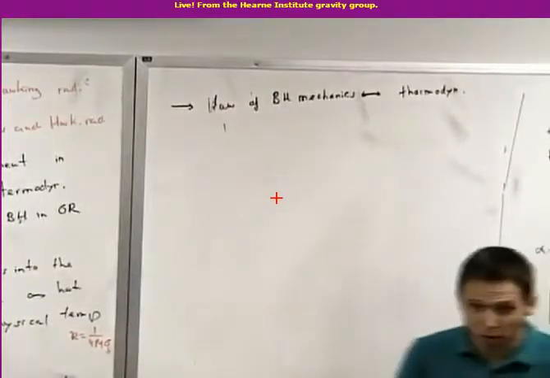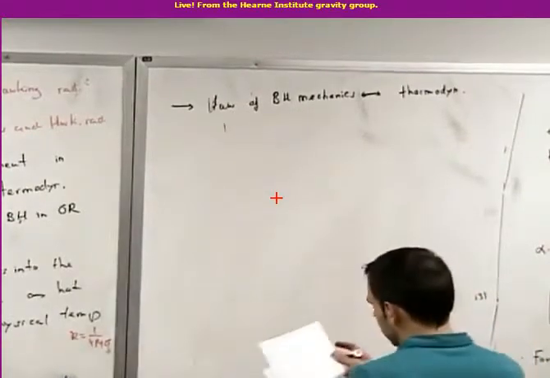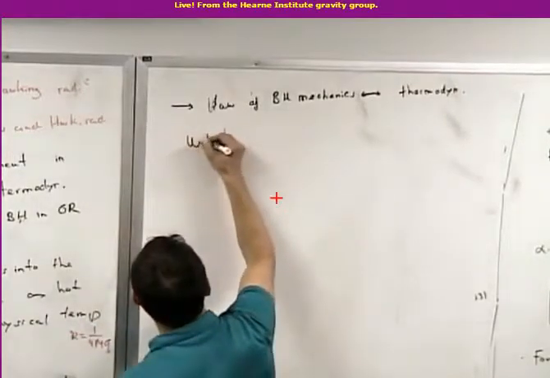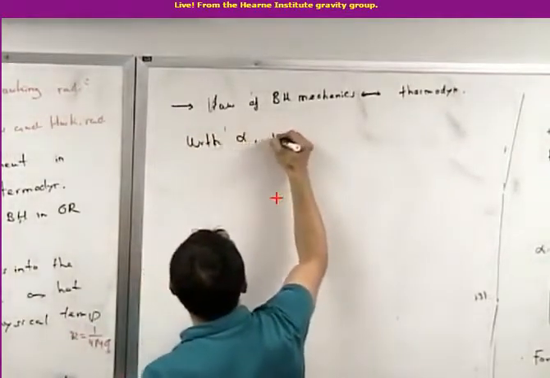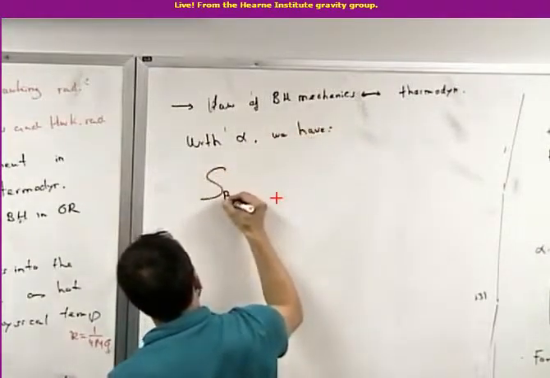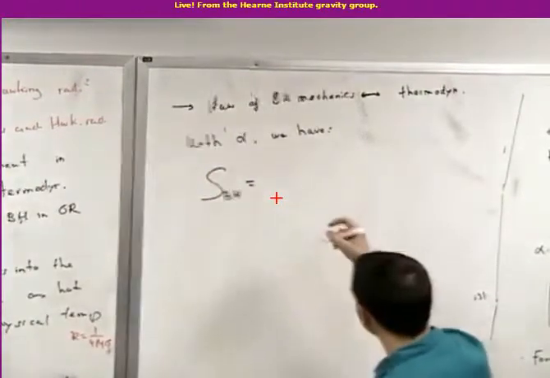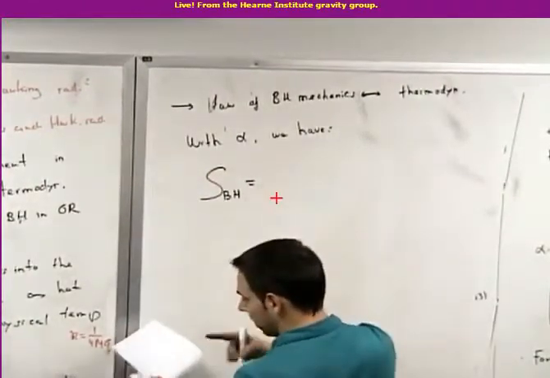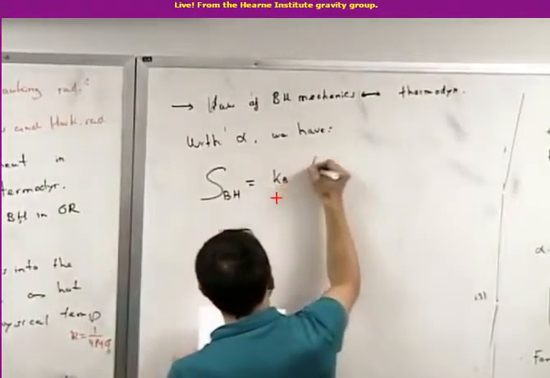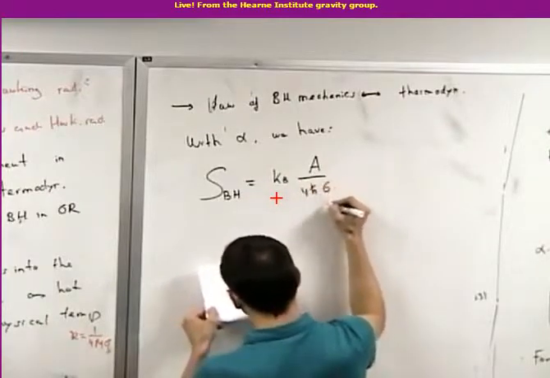We see an entropy, we see a temperature, and so in particular, with alpha, we have the entropy of the black hole. Remember that was A over alpha in the analogy. So now that we have alpha, the entropy of a black hole is given by the area over 4 h bar G.